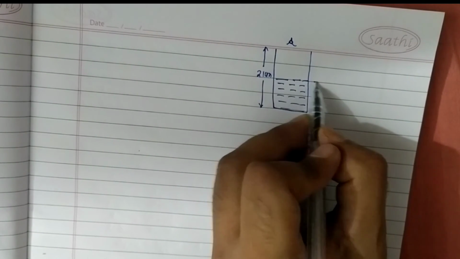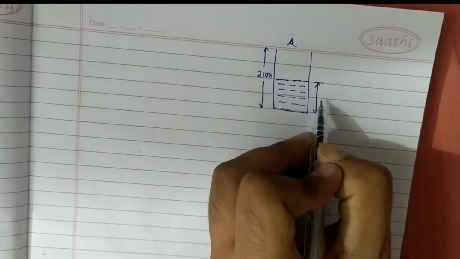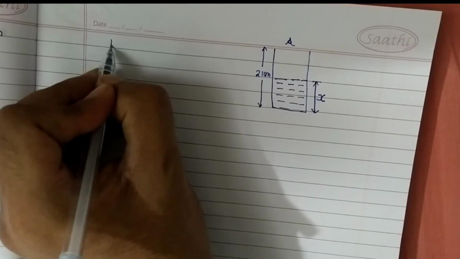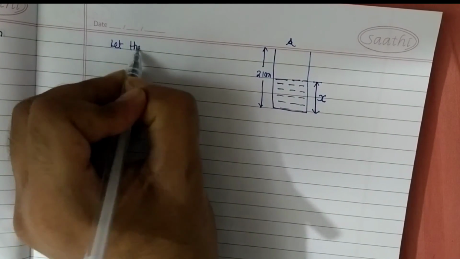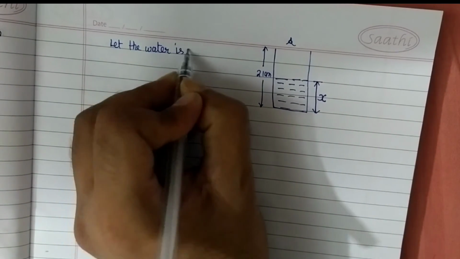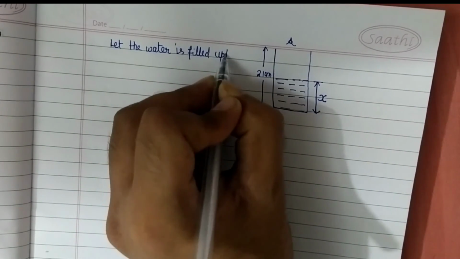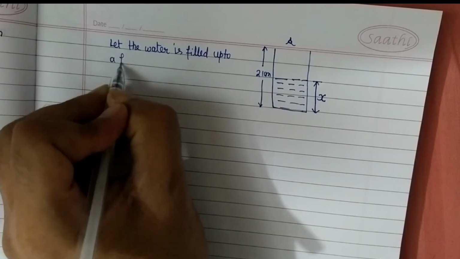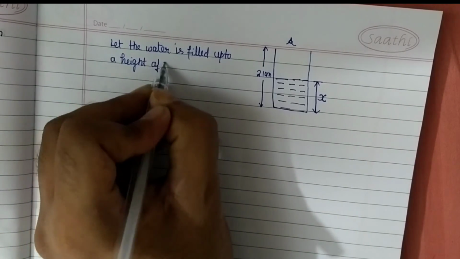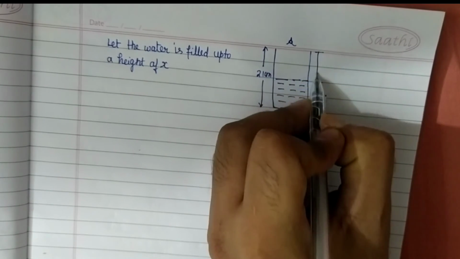So let the water be filled up to a height of x. So this is x, this one is 21. So this will become what?